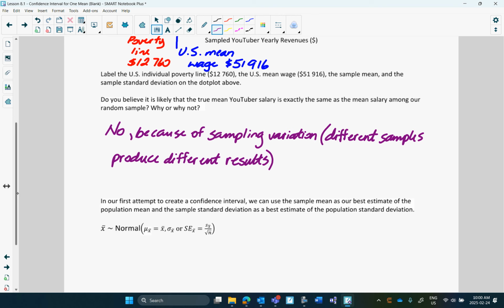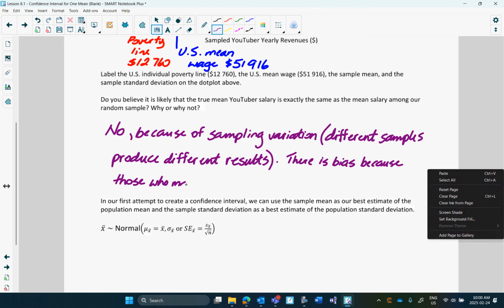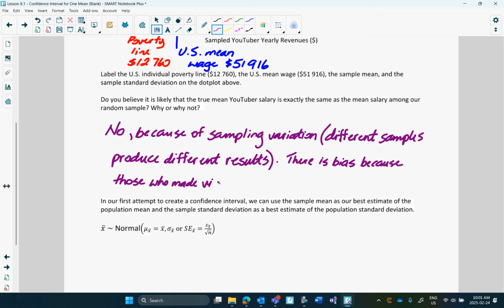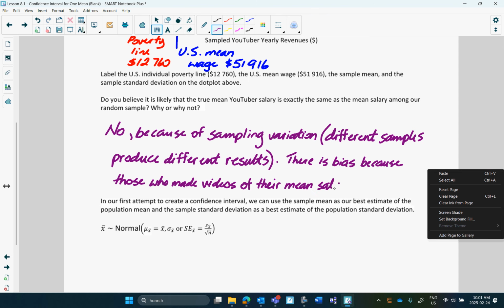So there's potential bias there, because those who made videos of their real salaries likely had high mean salaries.